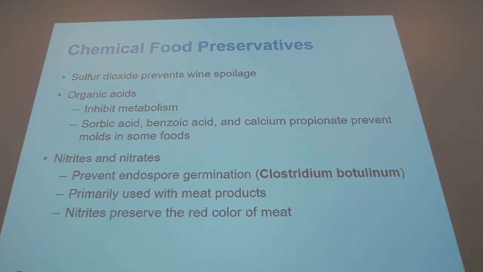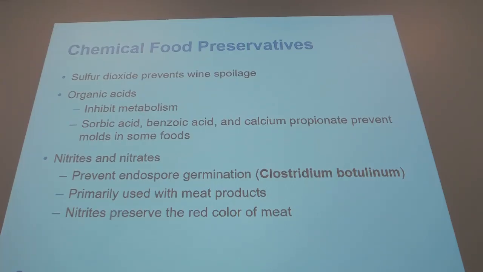Now, we use some chemicals as well to preserve foods. For instance, sulfur dioxide is used to prevent spoilage of wine. Organic acids are used to prevent microbe growth in foods, like sorbic acid, benzoic acid, and calcium propionate, that can be used in different foods.